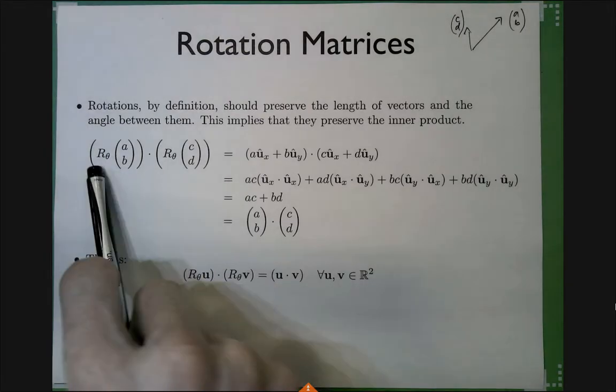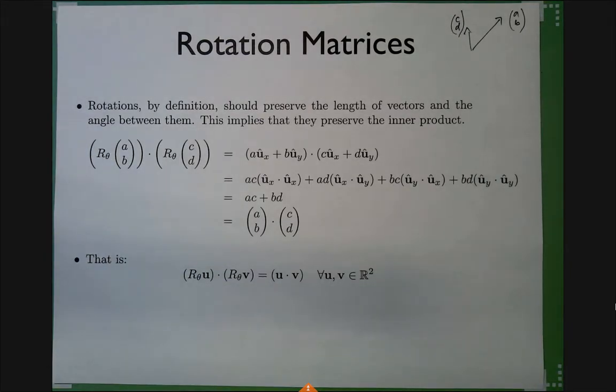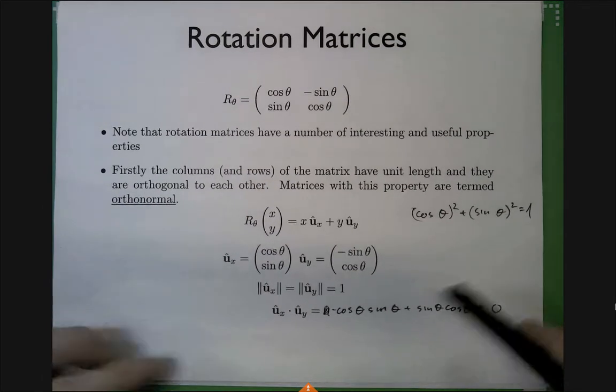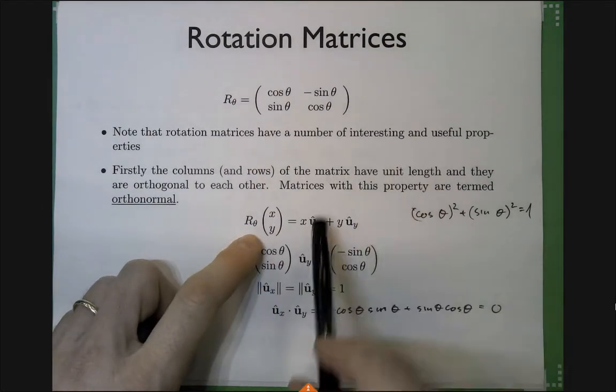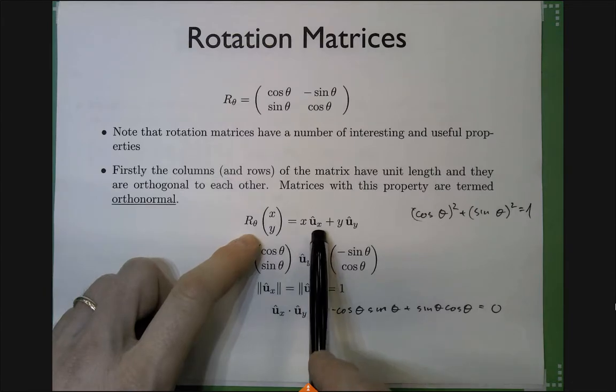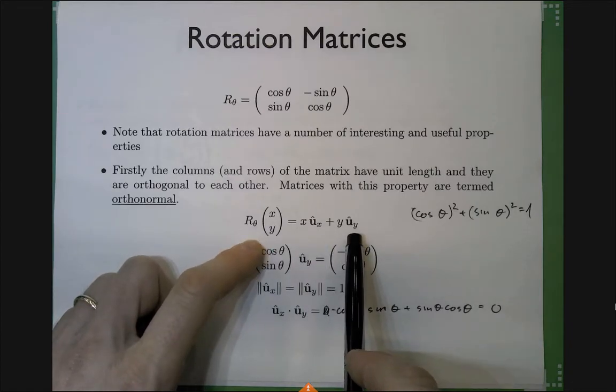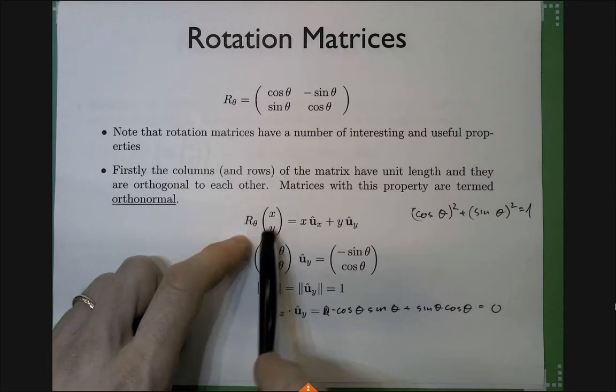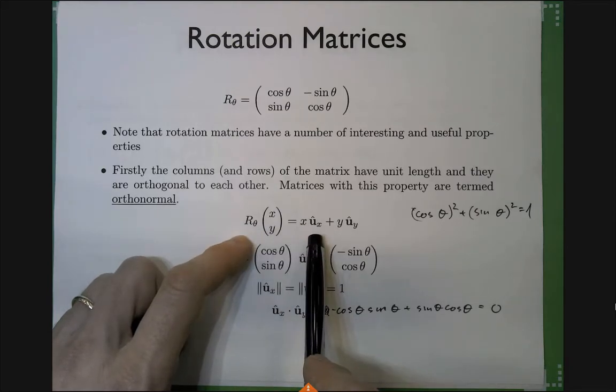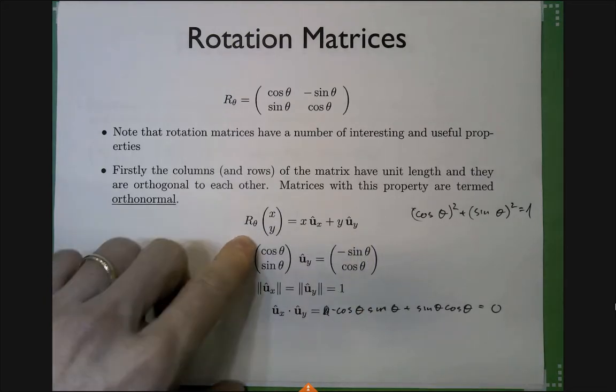So this is again just writing out the matrix vector product. I guess I could have said it on this slide already. If my matrix R theta has column vectors ux hat, uy hat, the hats because they are unit vectors, then R theta times (x, y) is x times the first column plus y times the second column, all right?